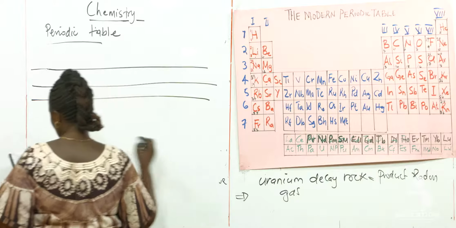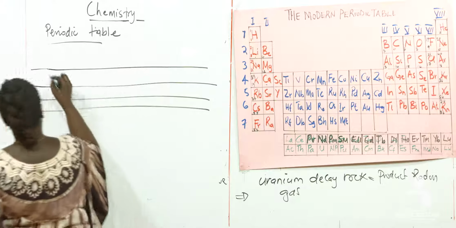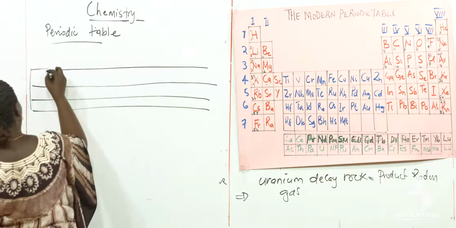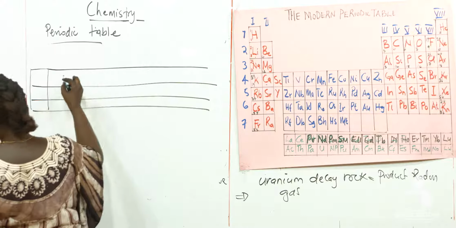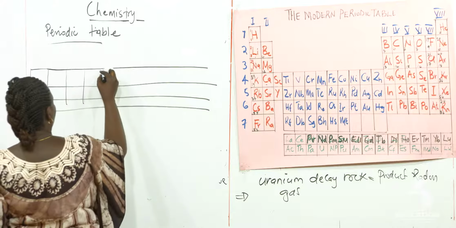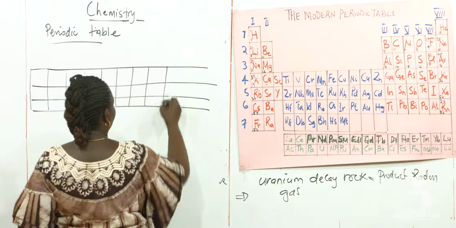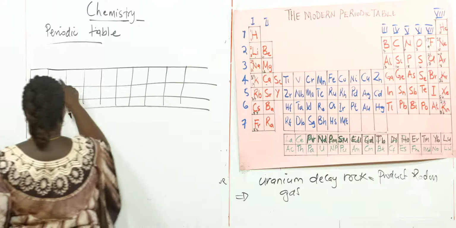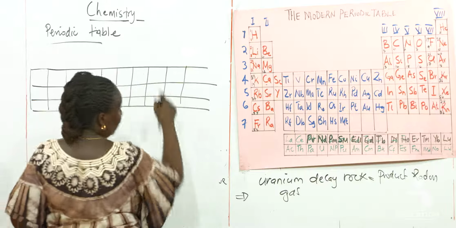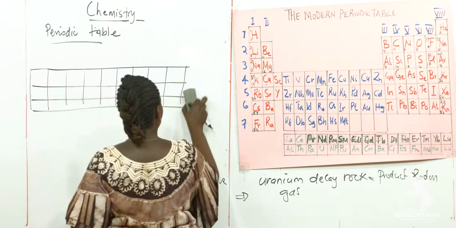This is an example of the periodic table. 1, 2, 3, 4, 5, 6, 7, 8. So we know that the periodic table has 8 groups.